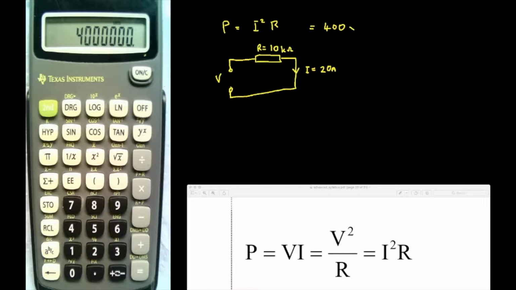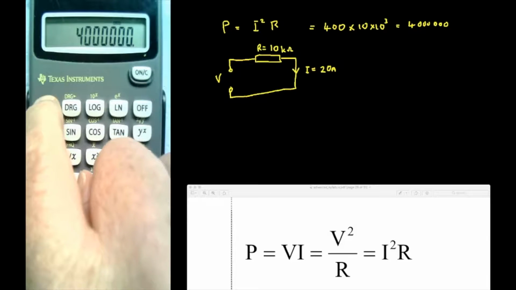So times 10 to the 3, and it's come up on the screen as 4 with 6 noughts. Notice I didn't have to be in engineering mode to use EE to enter it, but unless I'm in engineering mode, the answer will come out, if it can, as a float.